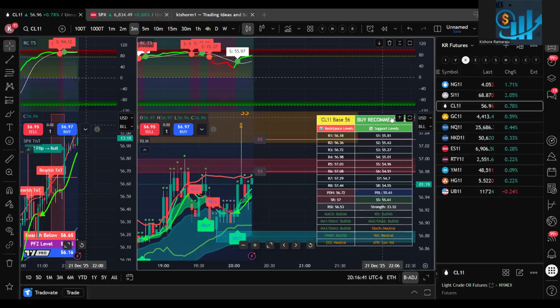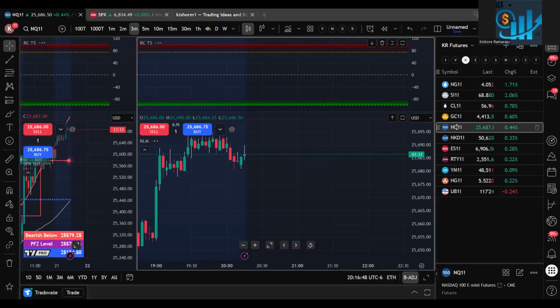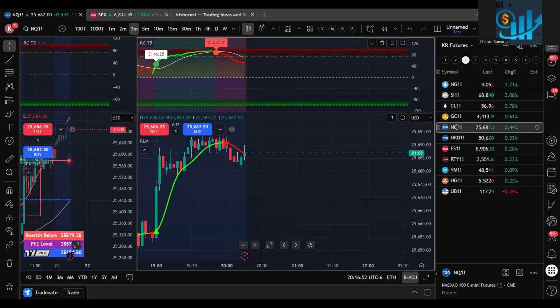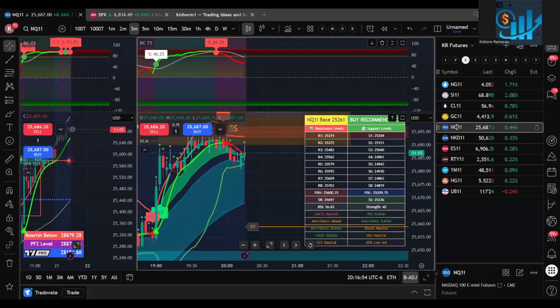Same thing, crude oil is also a buy recommendation. NQ also buy recommendation.